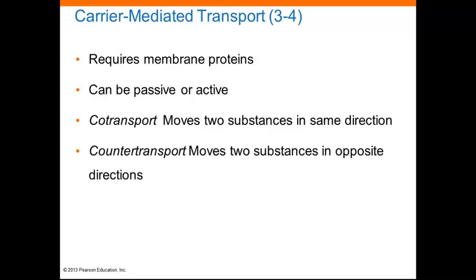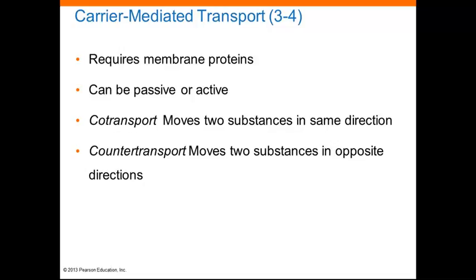And carrier-mediated transport can occur in one of two ways. It can be co-transport, which means that it moves two substances in the same direction, or it could be counter-transport, meaning that two substances are moved, but they're moved in opposite directions at the same time.